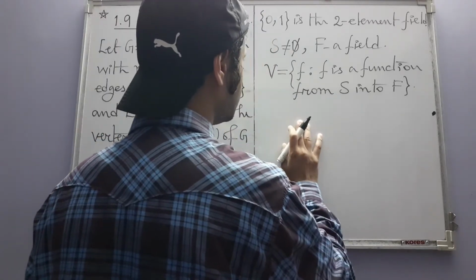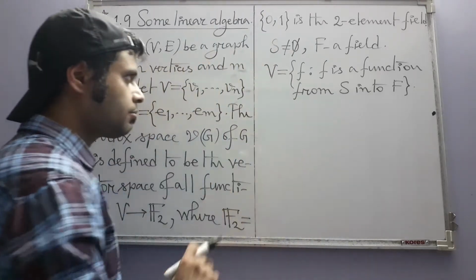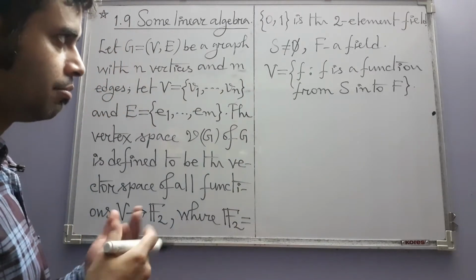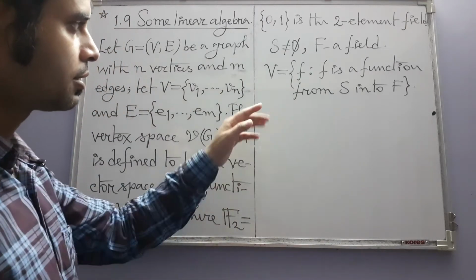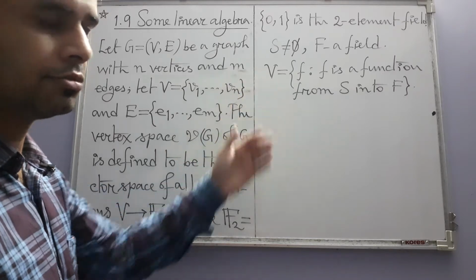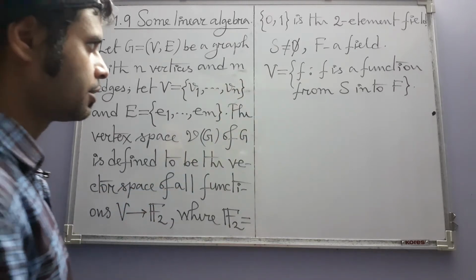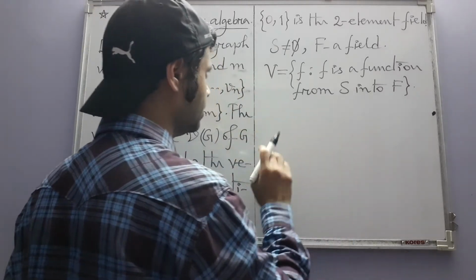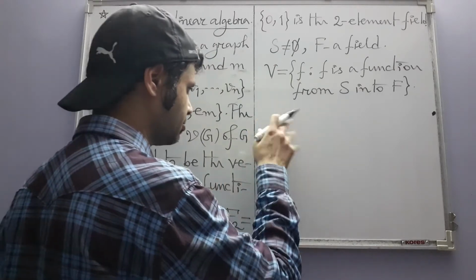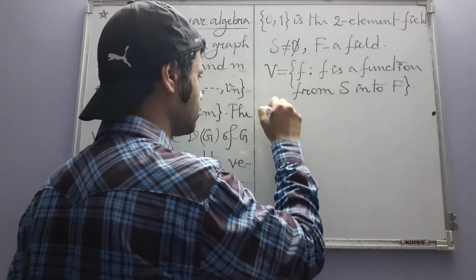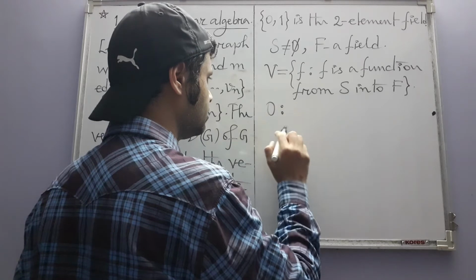Okay. Now, among the many possibilities of elements that will be in V, there is one particular function which we can see is in V and which we will need. Consider the function 0.